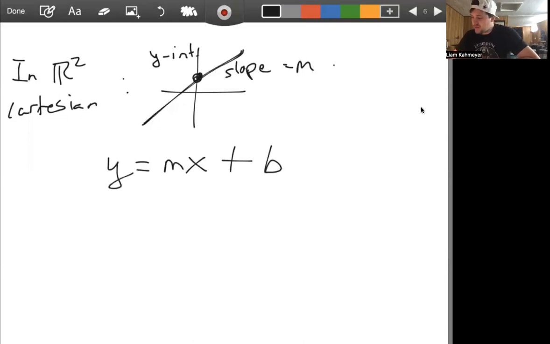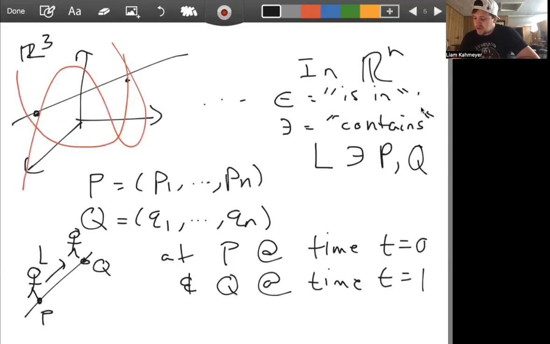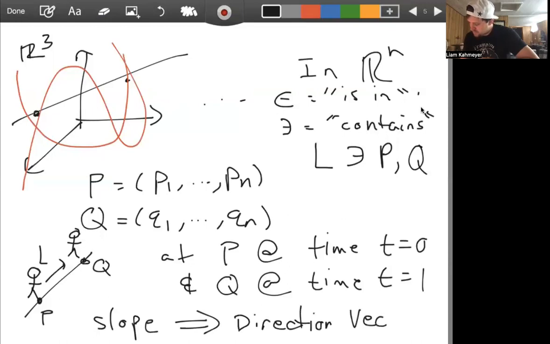And so to find an equation for a line in n-dimensional space, we need a parallel of slope. And so slope kind of turns into a direction vector, right? This line, L, has some direction to it.